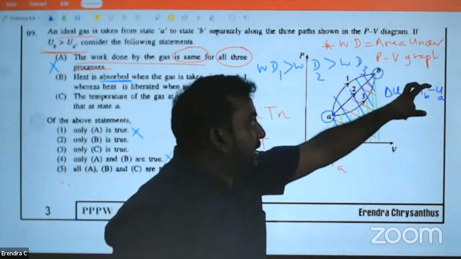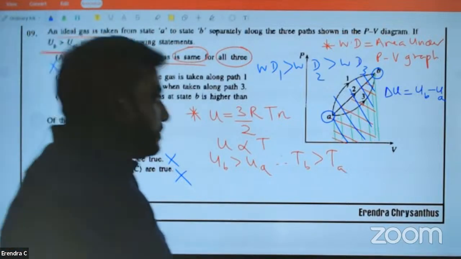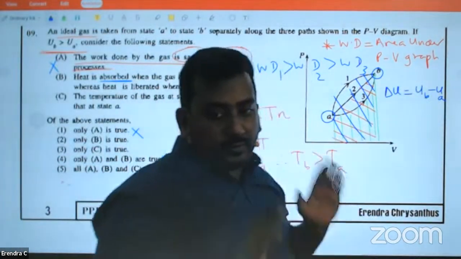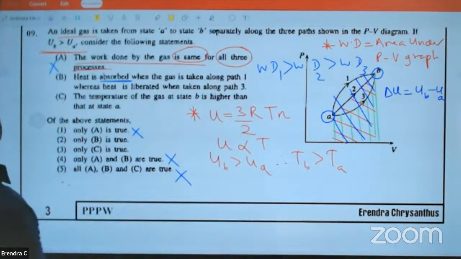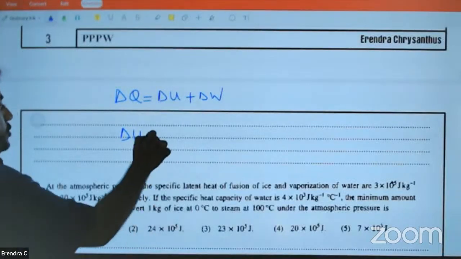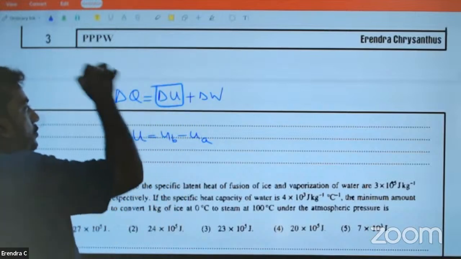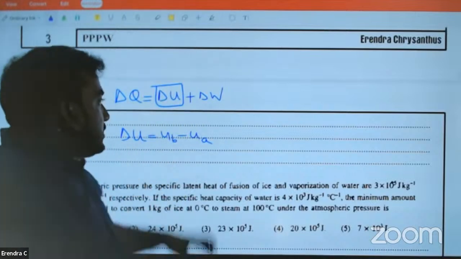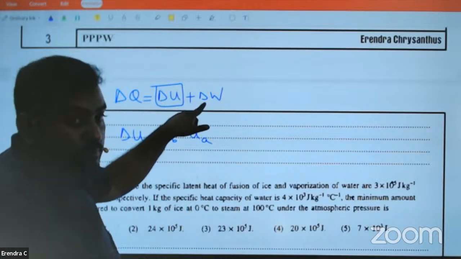So UB minus UA, fixed. Whatever path I go, internal energy change delta U is UB minus UA, fixed. These are fixed values. So what is your delta Q depending on? Delta Q is depending on delta W.